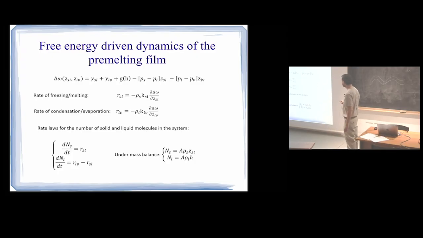So I have my simple model free energy, and I say, okay, the rate at which the solid liquid surface evolves is a gradient of the free energy with respect to the position of the solid liquid surface.